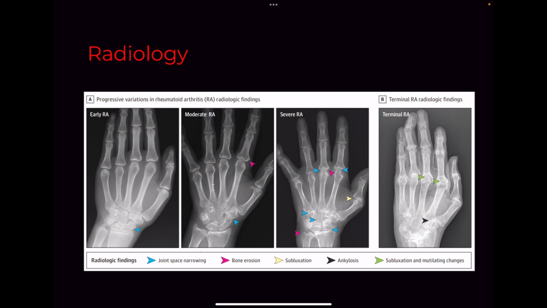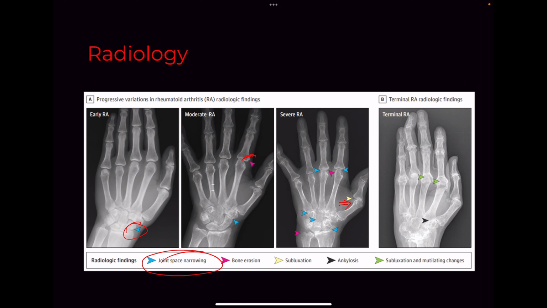Coming on to the radiological features, in early rheumatoid arthritis, all you will see is just joint space narrowing as in here. But over time, when the patient develops moderate rheumatoid arthritis, you will start seeing some erosion as well. And when you see subluxation, it already indicates severe rheumatoid arthritis.